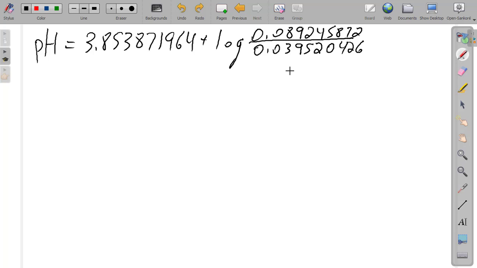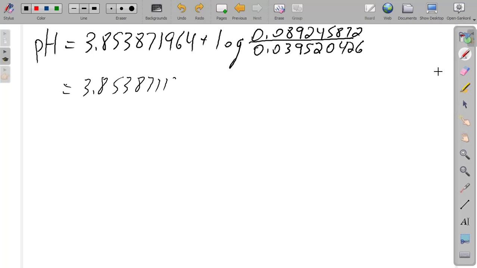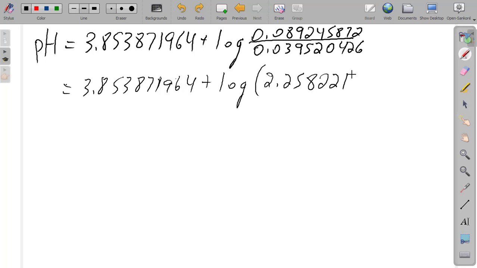All right, so continuing the calculation, 3.853871964 plus log. Now when you do the division, it should give you 2.258221407. Again, if you have slight differences many decimal places out, they're irrelevant.